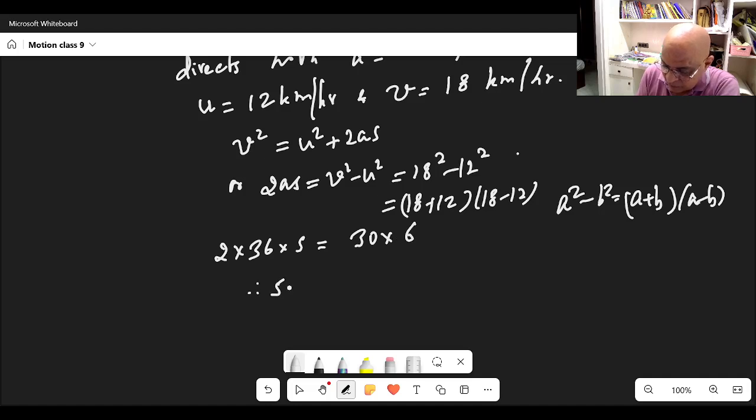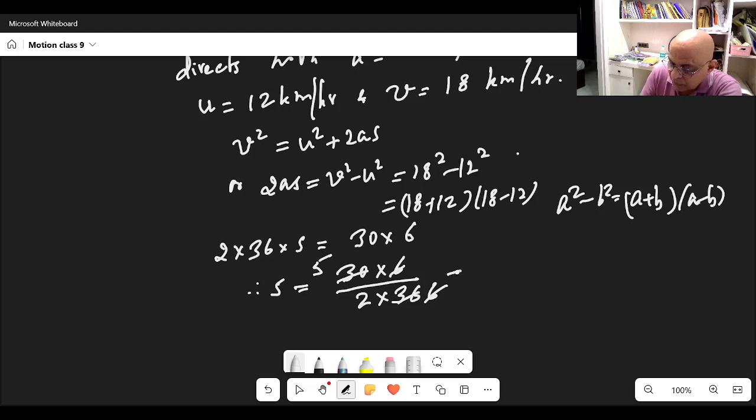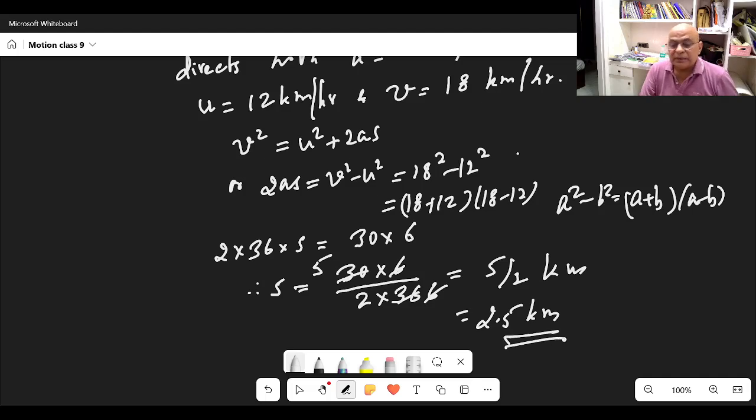So s will be equal to 30 into 6 by 2 into 36. 6 sixes cancel, 6 fives, so it will be 5 by 2, that is 2.5 kilometer. Here also write kilometer. So this is the answer.